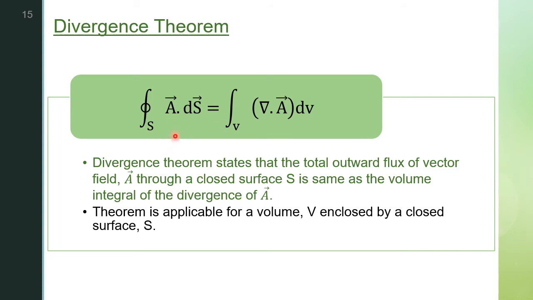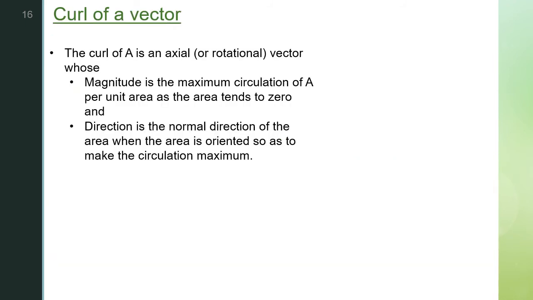In one side, we are having a vector dot product with the area. On the other side, we are multiplying the divergence of the vector with the volume. So in problems, whichever is easy for us, we can use the corresponding expression. The next operation with the del operator is curl of a vector. So curl is denoting actually the rotation of a vector.